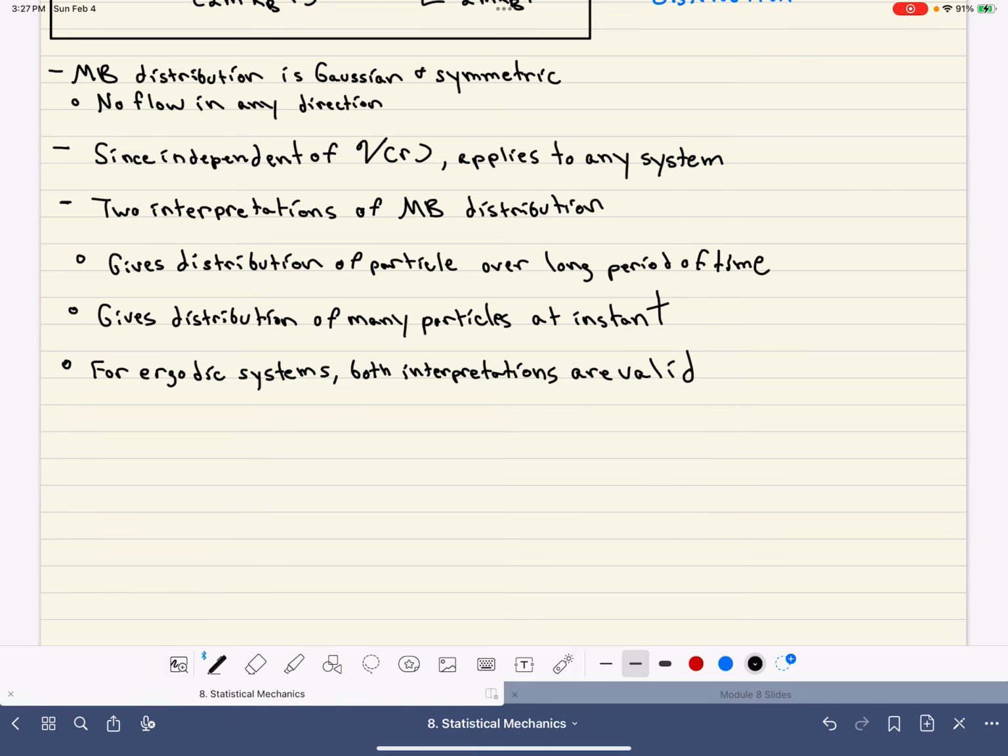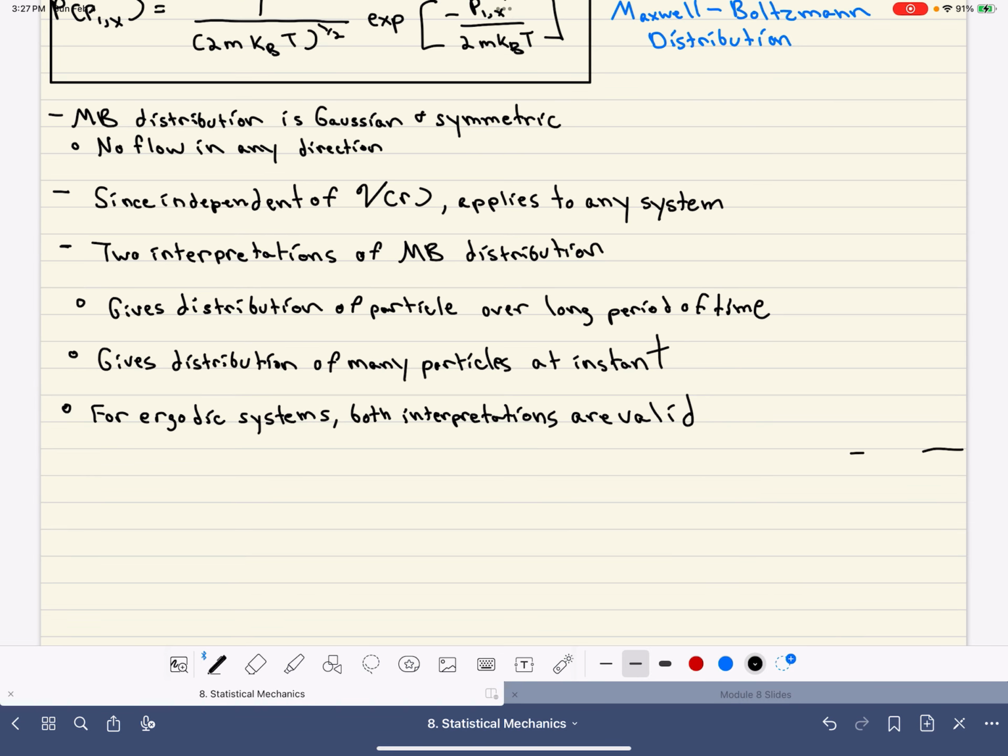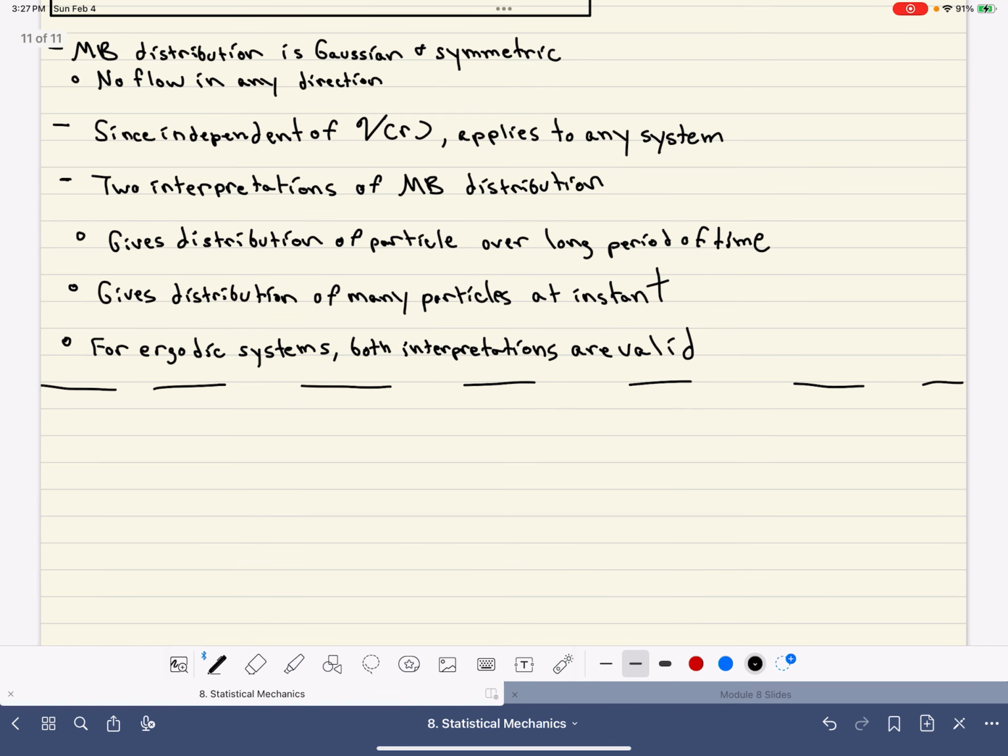Since with the Maxwell distribution we have these probabilities, we could also use it to calculate the average momentum of the system. All we'd have to do is take the first moment, which would be described like this.